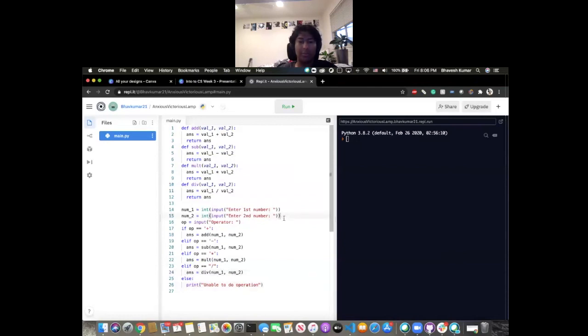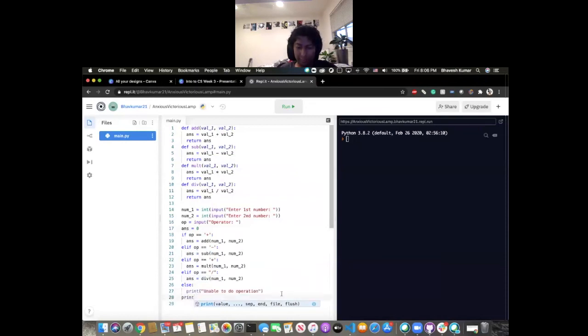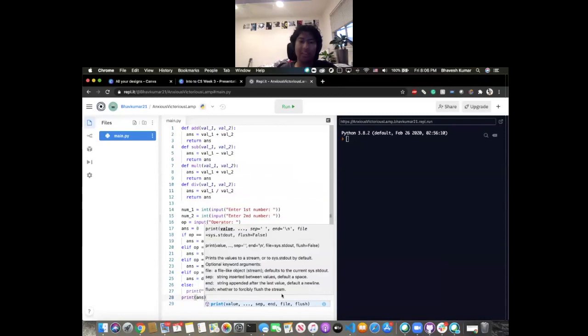Now, we also assign answer equals to 0 at the top here, because here, what we're doing is we're printing answer by itself.